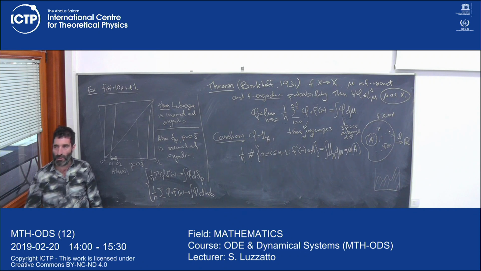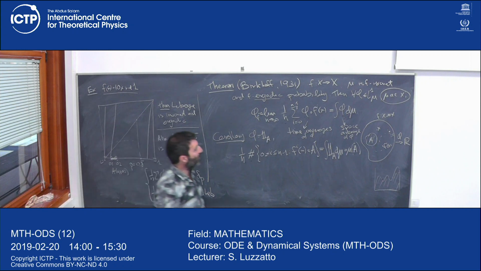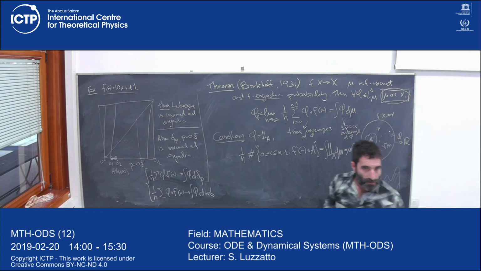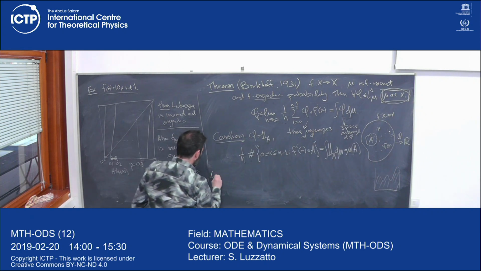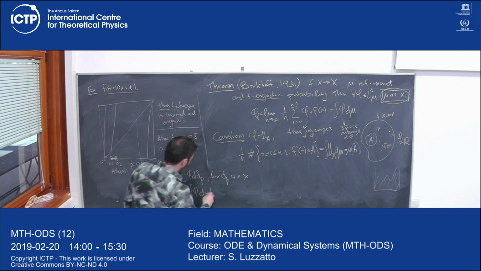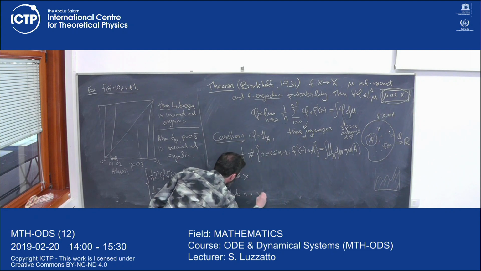Exactly. I'm just trying to re-emphasize that the conclusion holds for these points, right? So in this case, this is true for delta P almost every x, and this holds for Lebesgue almost every x.